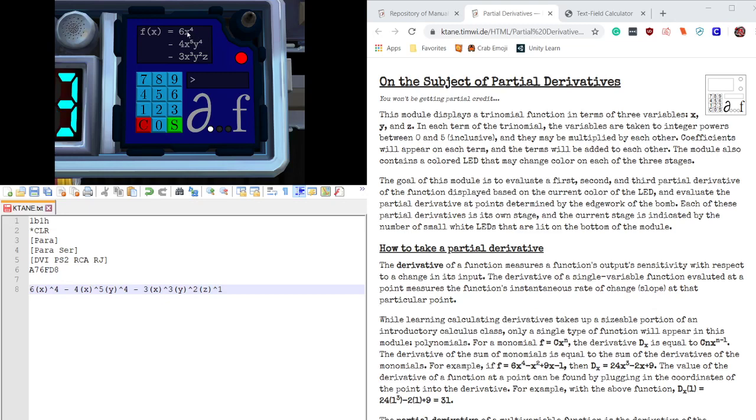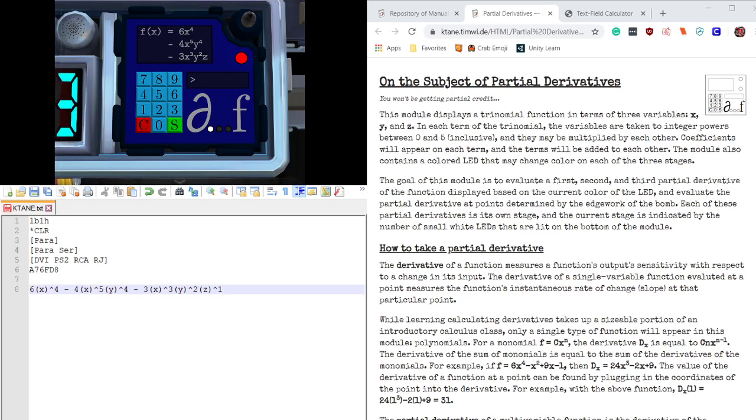When I say to the power of, I mean the exponent. The exponent is the small number above each variable. If there is no variable, the exponent is 0. If there is no exponent shown, the exponent is 1. And the number in front of each term, this 6, this 4, this 3, is the coefficient. I'm going to be using that terminology a lot.